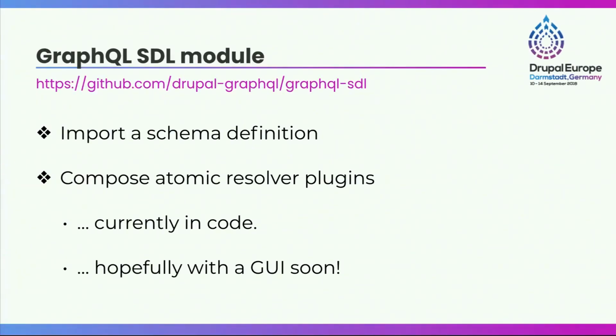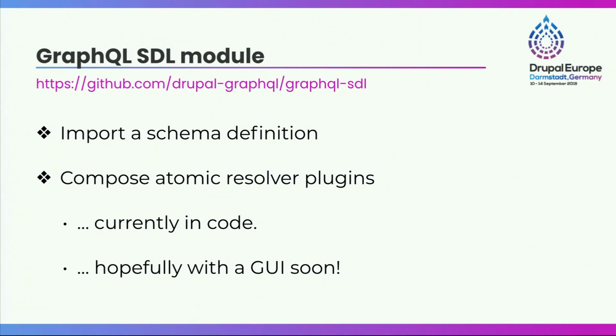This has been published in an experimental way. In our GitHub namespace, there's a module called GraphQL SDL that allows you, right now, to create your own schema plugin, import such a schema definition string, and then attach resolver plugins, which are basically just functions that take arguments and spit something out, and apply them to your schema.